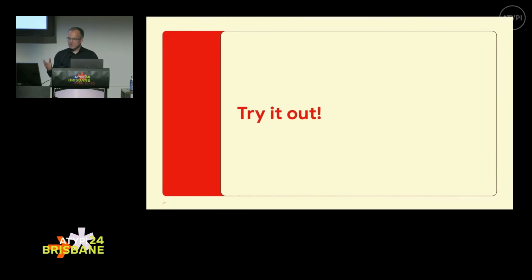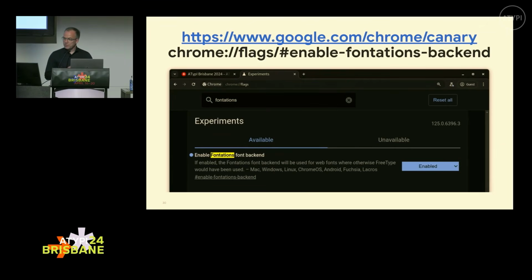Finally, all of this is something that you can try out, and I think I have a few minutes to try a short demo as well. If you download the very latest version of Chrome, what we call the Canary version, then you can go to Chrome flags and say enable Fontations backend.